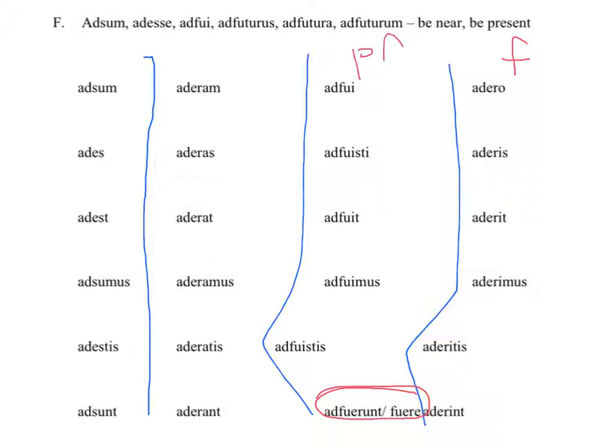The future, the perfect, the imperfect, and the present. Adsum means I am near or I am present. Ad eram means I was near or I used to be present. Ad fui means I have been present or I was present. And adero means I will be present or I will be near. Very little that's challenging about this if you've already memorized the verb sum. This is just a compound form of that, and nothing changes in the conjugation.